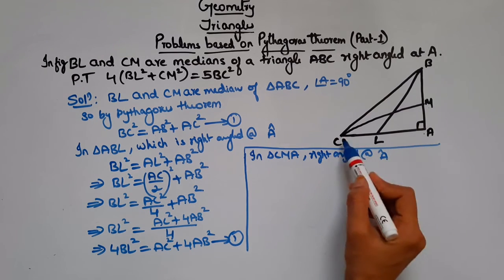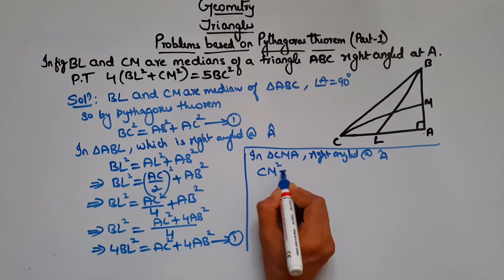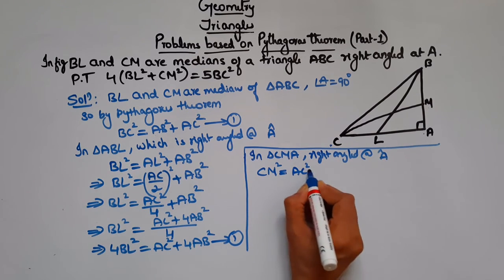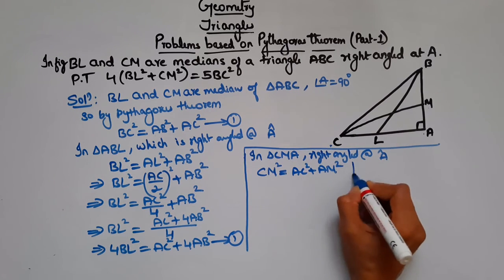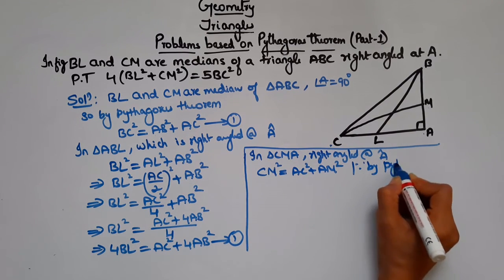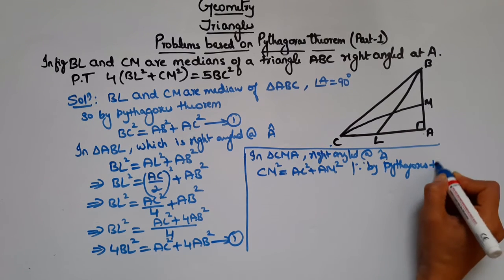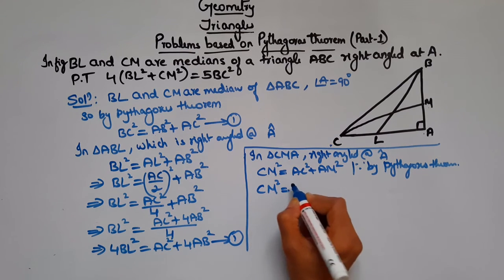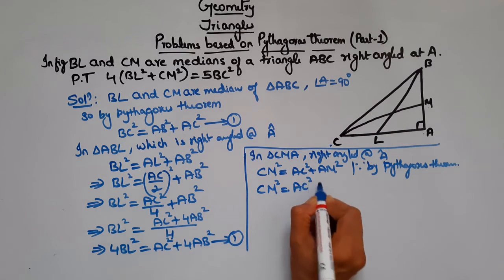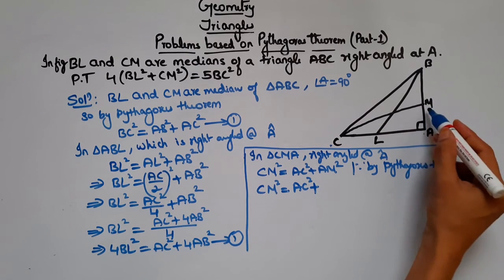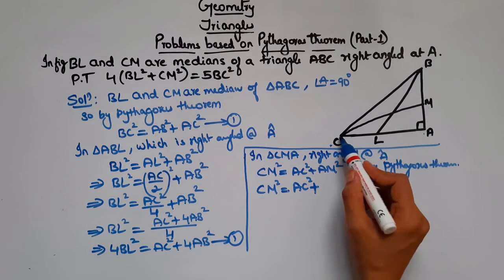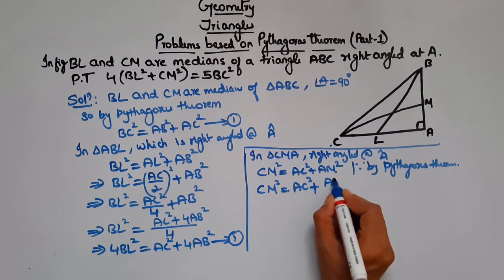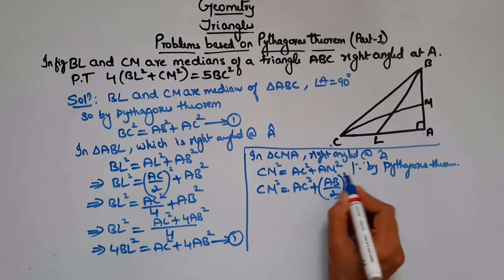So you can write CM square is equal to AC square plus AM square, since by Pythagoras theorem. AM can be written as half of AB, since we know CM is a median, we can write AM as half of AB, right? So AB by 2 the whole square. Agreed?